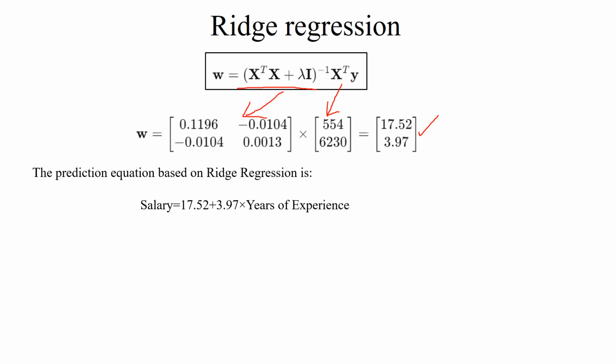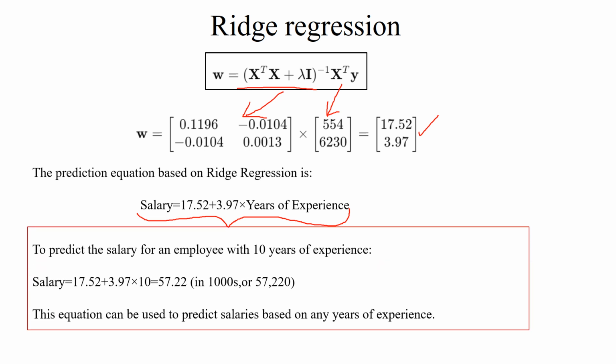Once these values are computed, we can substitute them in the prediction equation. So the prediction equation based on ridge regression is: salary is equal to 17.52 plus 3.97 into years of experience.